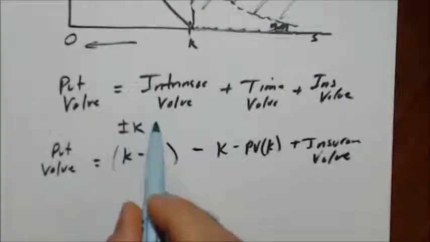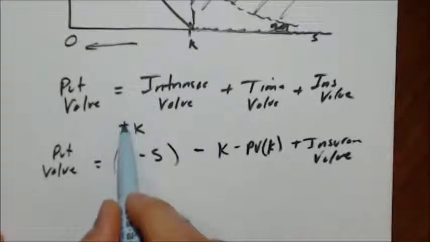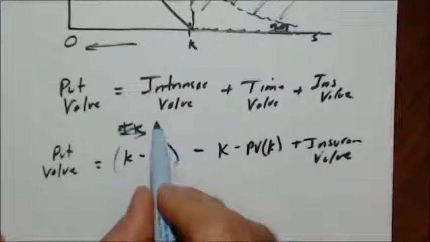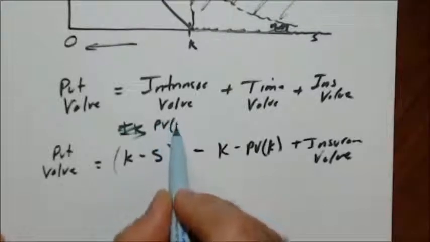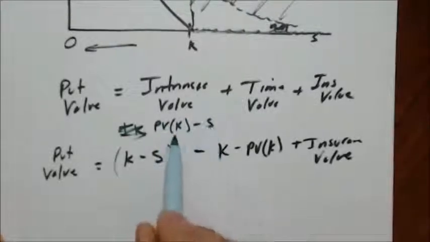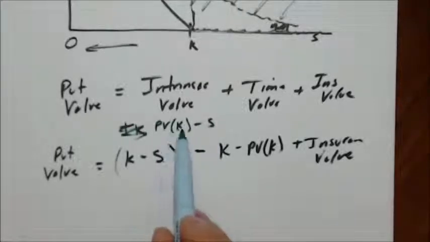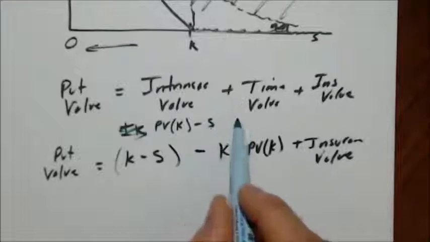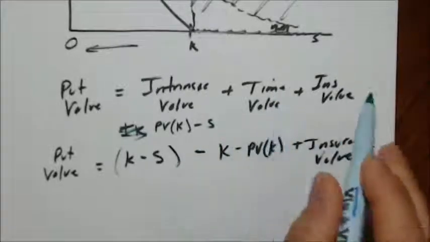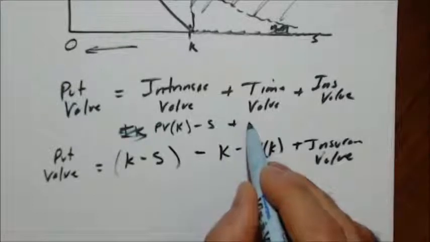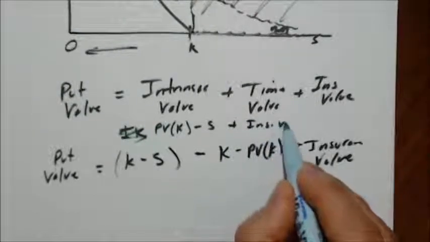We basically start out with the PV of K minus S. If we think of it from a European option perspective, it's the present value of K minus the stock price, plus some insurance value.